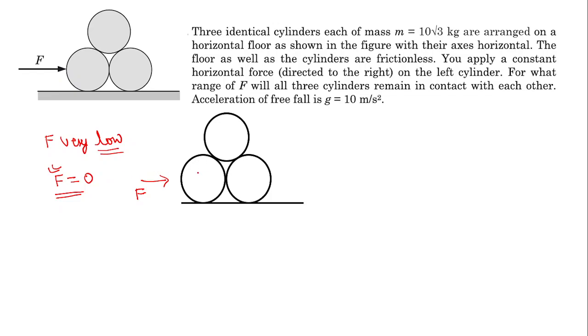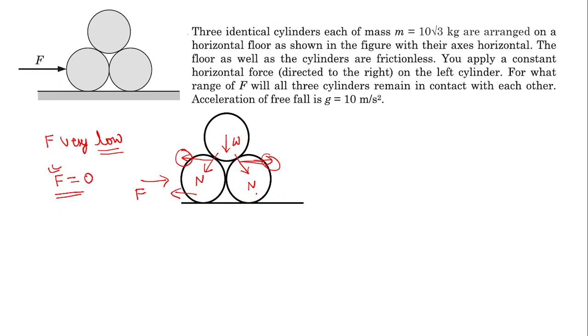If F is equal to 0, what will happen? Simply this ball will be feeling a weight force mg. Because of this weight force, this surface will be feeling some normal reaction. Let us say N, this ball will be feeling some normal reaction. Similarly, this ball will be feeling some normal reaction, and these normal reactions will have some horizontal components. Because of these horizontal components of forces, these two balls will separate.